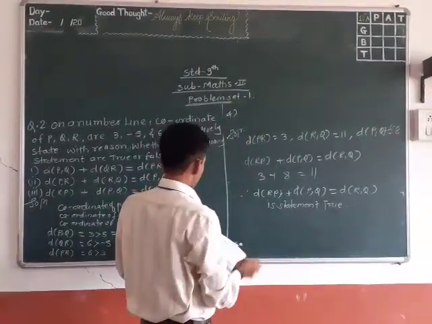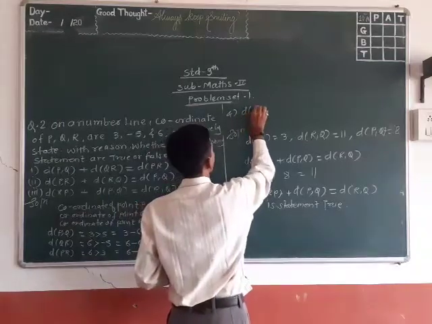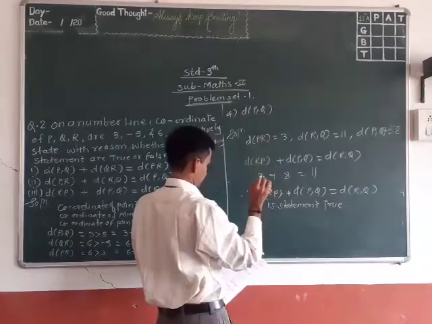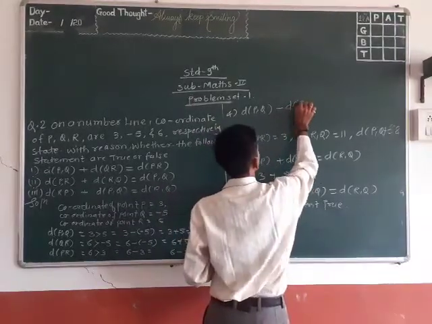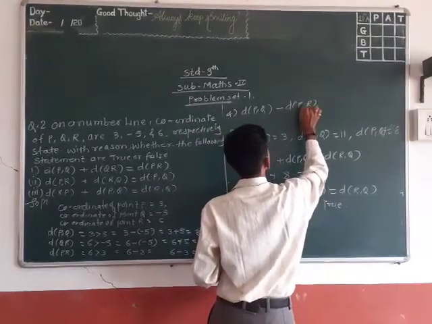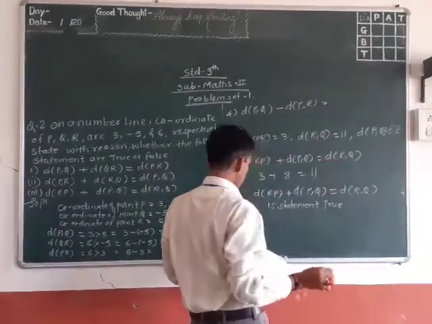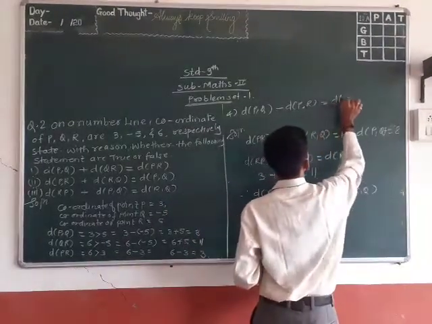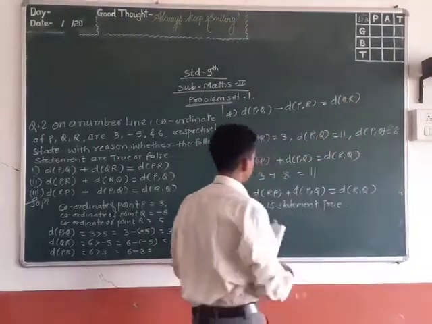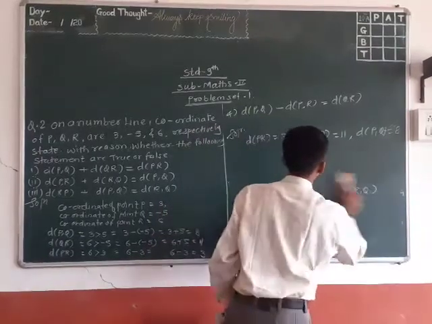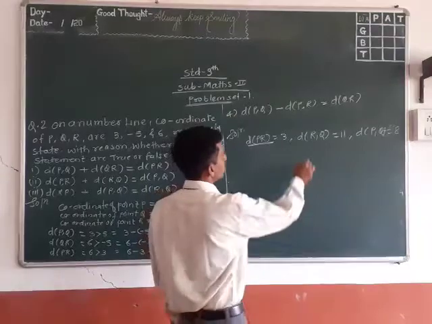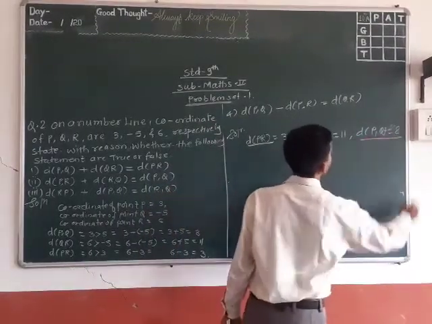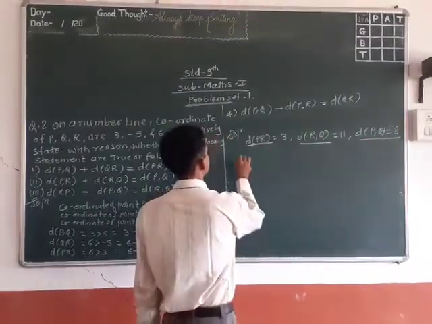Next, fourth example: distance PQ minus distance PR is equal to distance QR. Distance PR is 3, distance RQ is 11 and distance PQ is 8.